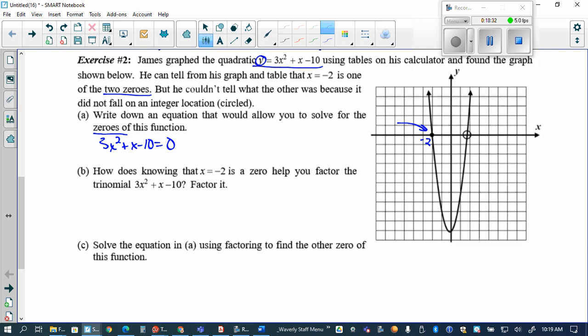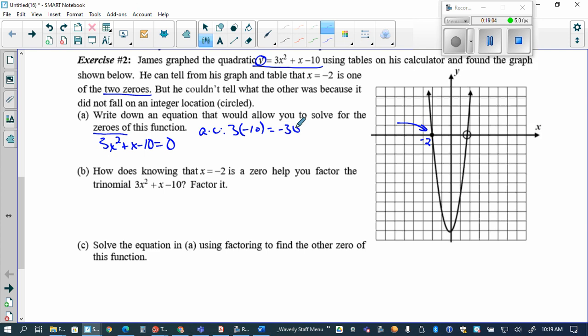So now, I don't really want to do it there. We know that x plus 2 is going to be one of the factors, right? So let's just factor this. Is there a GCF? What method do we have to use here? What's A and what's C? 3 and -10, which gives you -30.